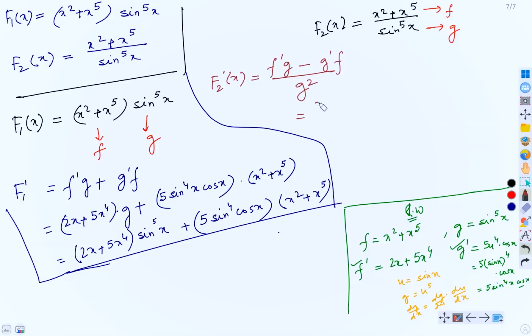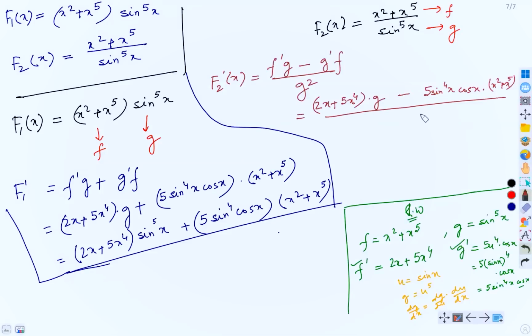This quantity, 2x plus 5x^4, times g. What do we obtain for g dash? 5 sin^4 x cosine x, times our f, which is x^2 plus x^5.